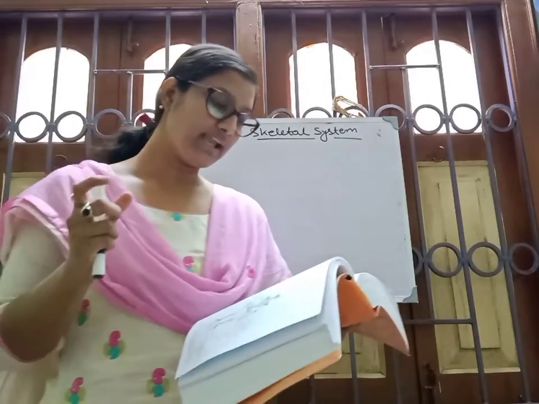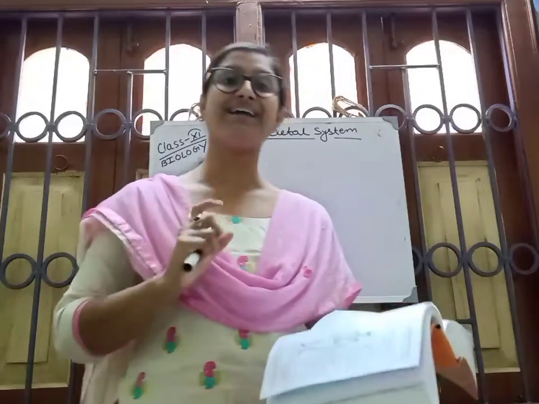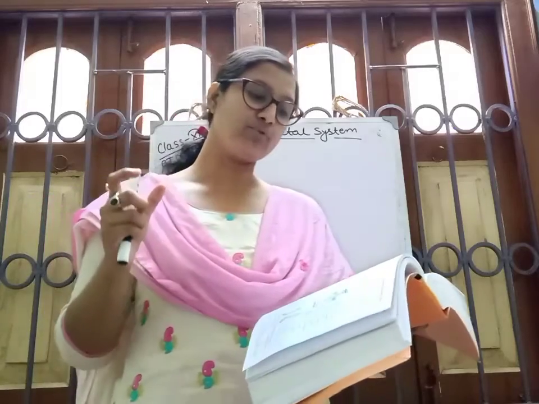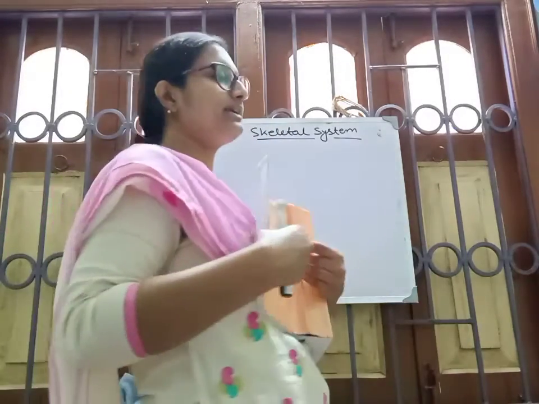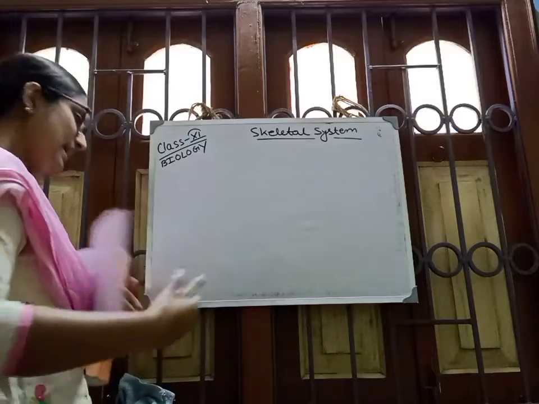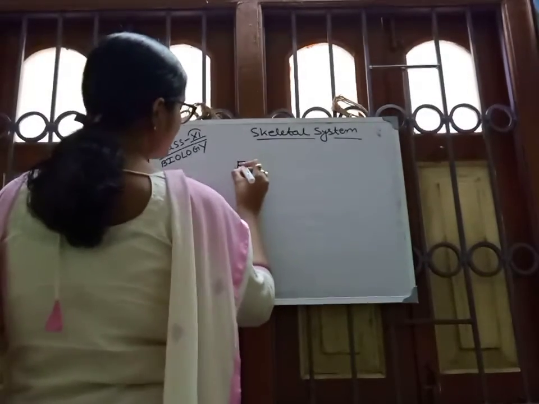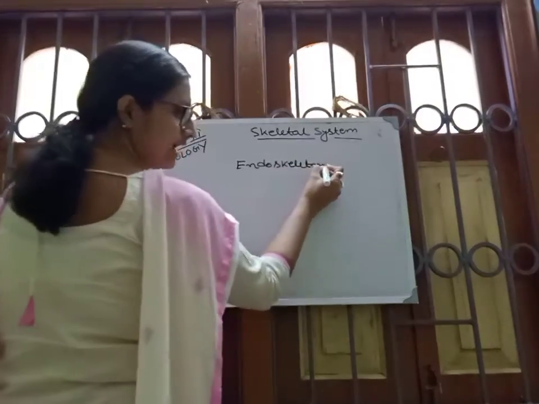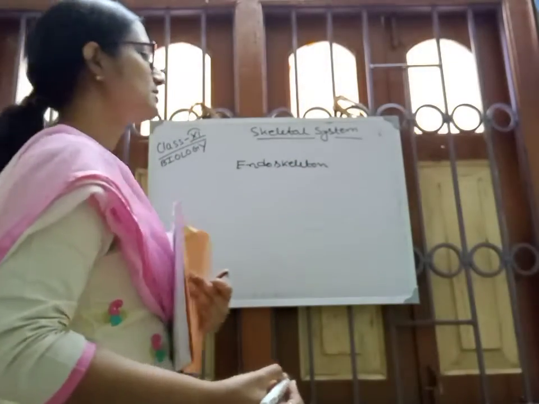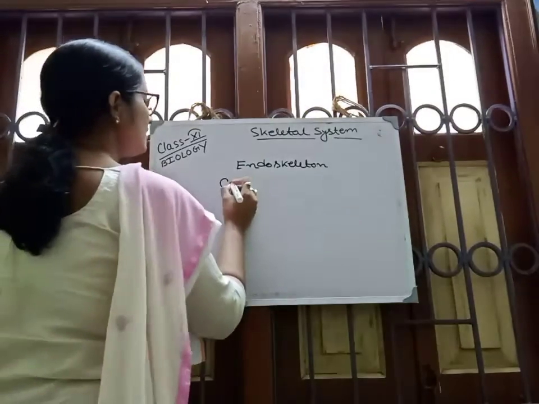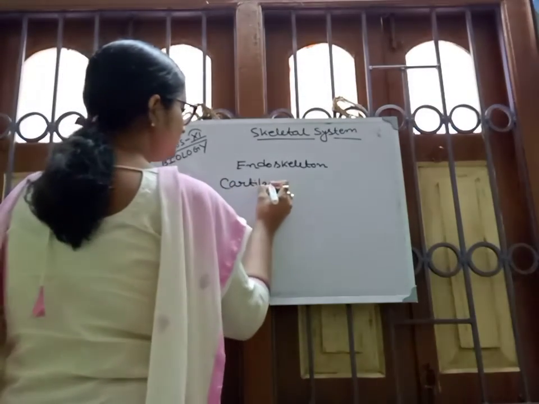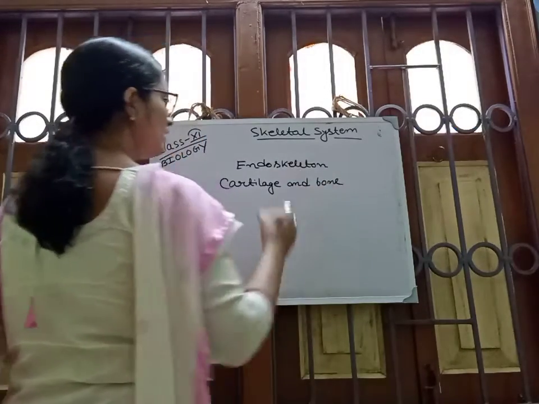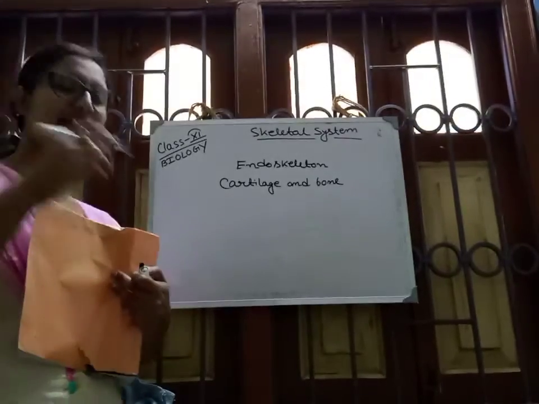The endoskeleton includes the hard parts present inside the body. The cartilages and bones form the endoskeleton. In the human body, we have to study the endoskeleton, which is formed from cartilage and bone and is present inside the body.